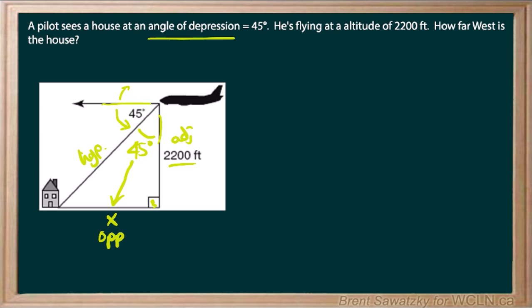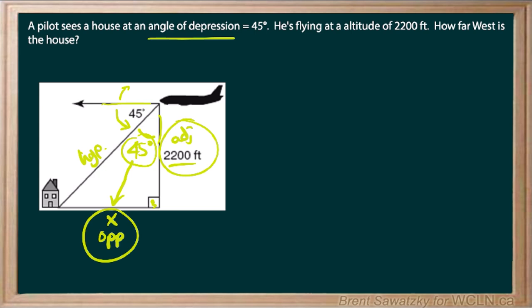So we have it set up, converted this from a real life situation into a mathematical model, and now it's time to solve. So we have our angle, we know our adjacent, we're solving for the opposite.